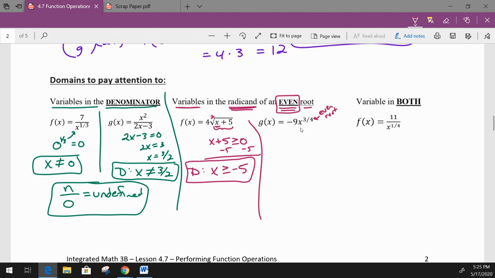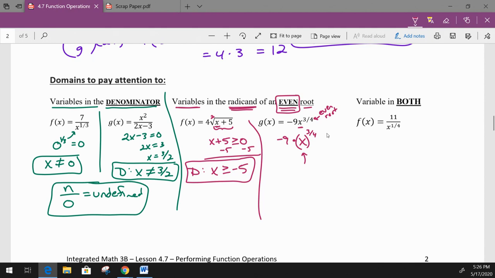All right, so the next one here, the only thing that has the even root is the x. Don't let the negative 9 fool you. This negative 9 is being multiplied by x to the 3/4 power. So it's just x that has the even root, not the negative 9. The only thing that x cannot be is a negative number.